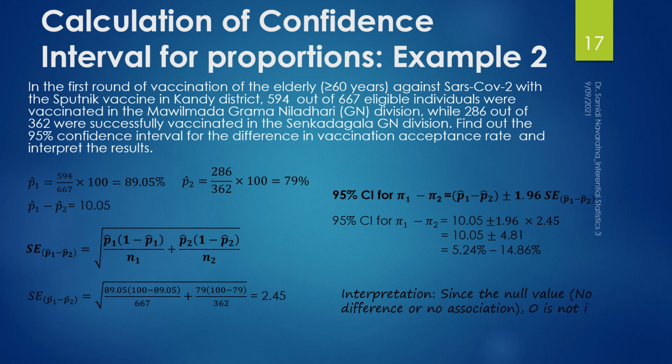And most importantly, we can say, since the null value, that is no difference or no association, which is actually 0, is not included within the confidence interval, the difference between the vaccination acceptance rates in these Grama Niladhari divisions is statistically significant.